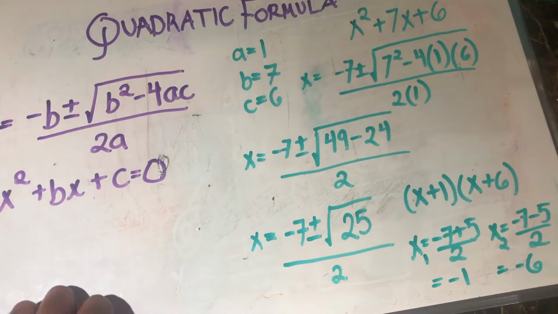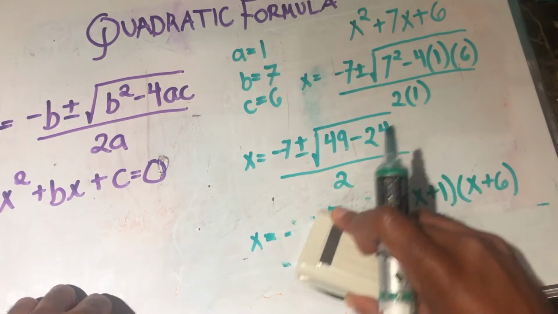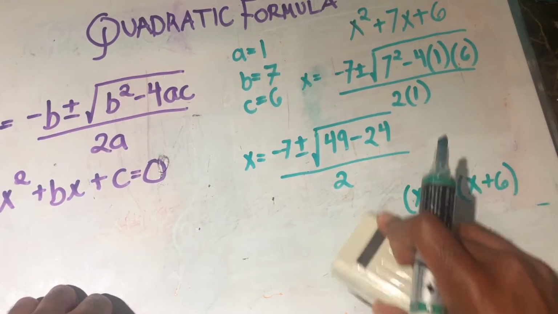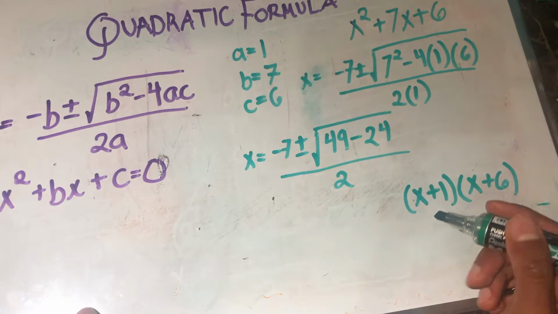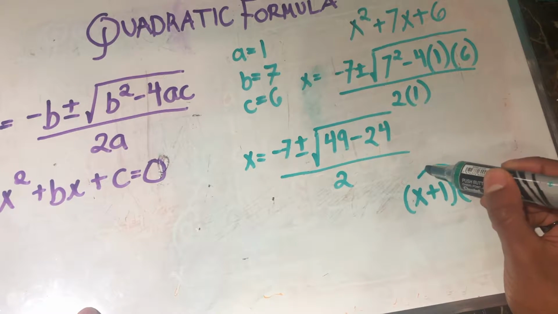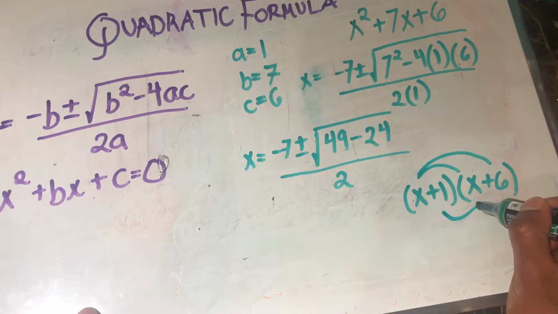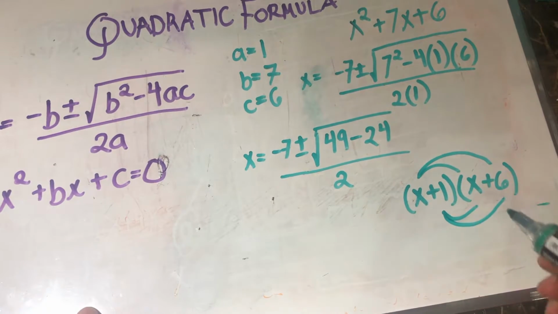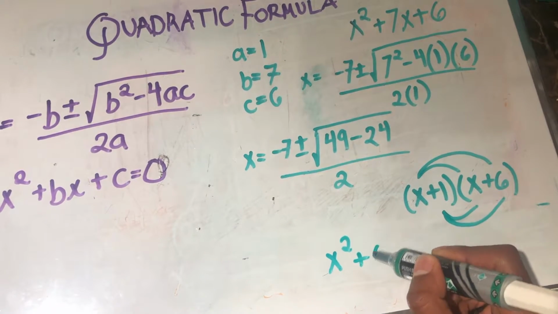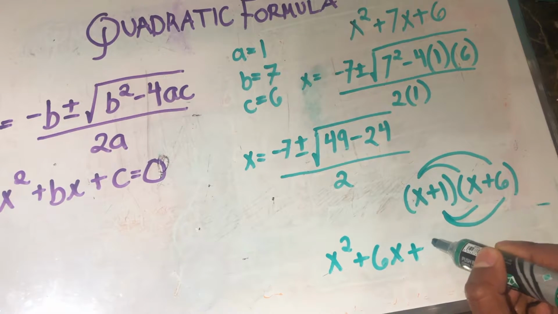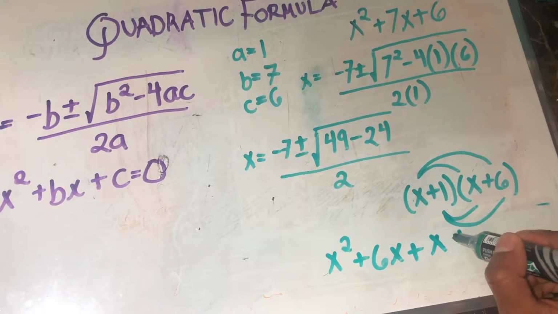Now if you wanted to confirm this, we can use the FOIL method. So x times x, and then x times 6, plus 1 times x, plus 1 times 6. So that's going to give us x squared plus 6x plus 1x, plus 6.